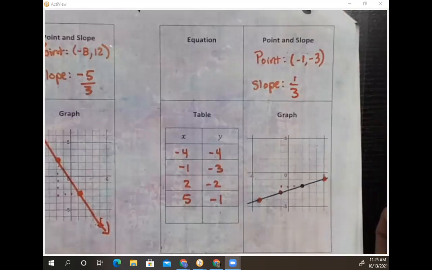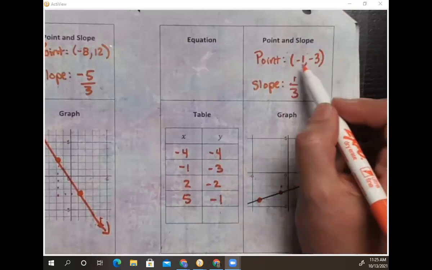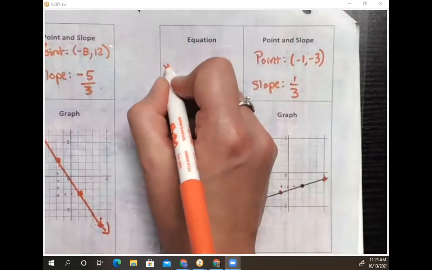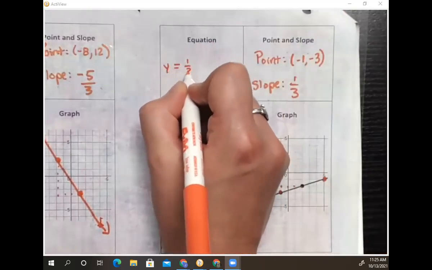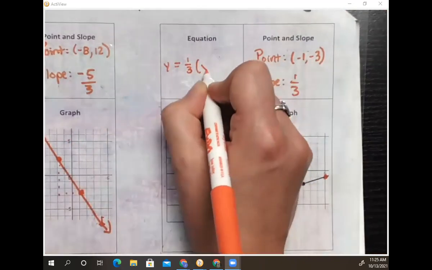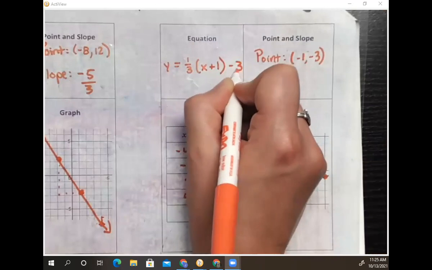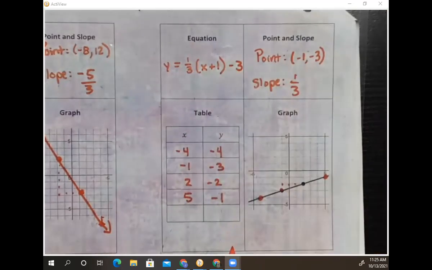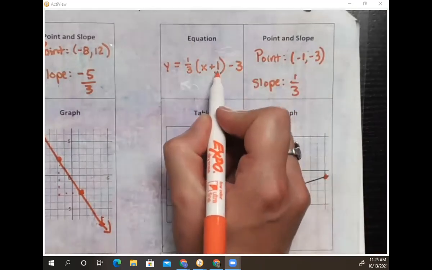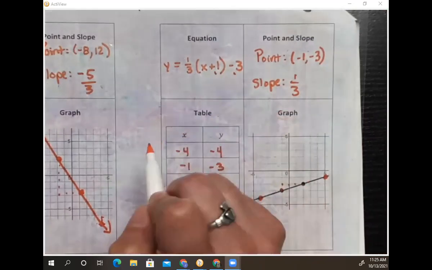We got 1/3 for our slope, yeah? Okay. So now my equation based on the point that I picked would be y equals 1/3 times x plus 1 minus 3. If you picked a different point, these two numbers here are going to be different. That's okay.